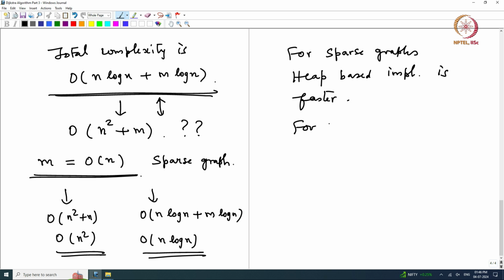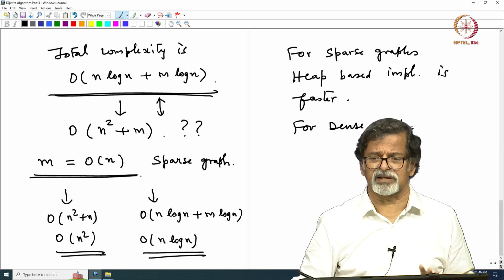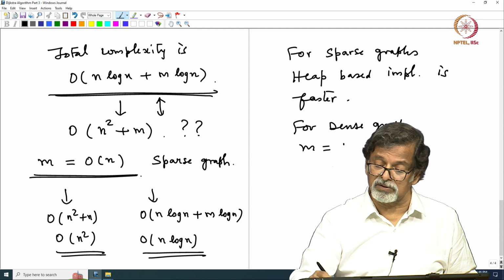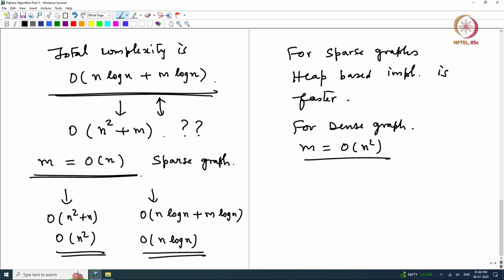For dense graph, what is a dense graph? A lot of edges are there. For example, m equal to order n square. Take a complete graph. Complete graph has got n times n minus 1 edges, all possible edges. It is a directed graph. So, there could be order n square edges. If this is the case, the array based algorithm is order n square plus n square, which is order n square.